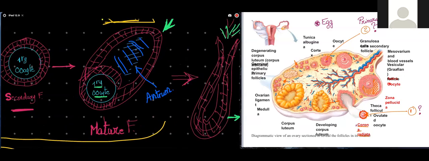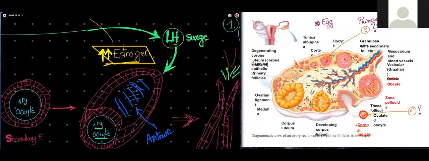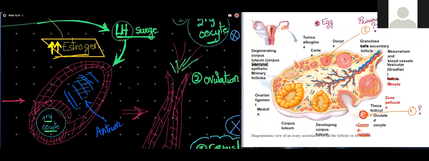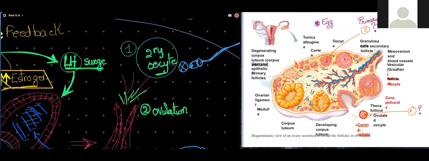By the time of ovulation, why did ovulation take place again? It was an effect of the LH surge. And what was another effect of the LH surge? The maturation of the primary oocyte into a secondary oocyte. So number 1 is going to be a secondary oocyte. Is this clear?